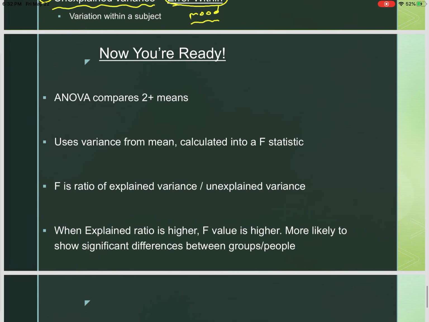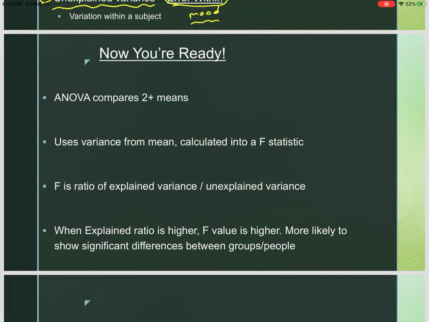Now you're ready, folks. We know the basics of an ANOVA. It compares 2 plus means. We're using variance from the mean, and we're going to mathematically calculate that into an F statistic that we compare to the F crit to see if it is statistically significant in the critical zone. We know that the F ratio is really a ratio of explained variance over unexplained variance.